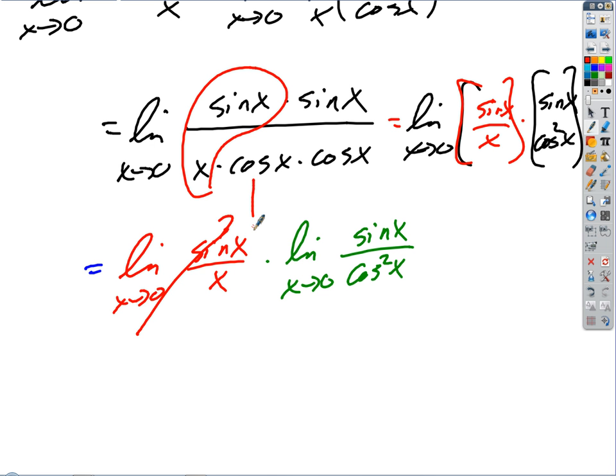Well, sine x goes to 0, cosine 0 goes to 1. 0 over 1 is just 0, right? And so in the limit, we get 1 times 0 equals 0. Does that make sense?